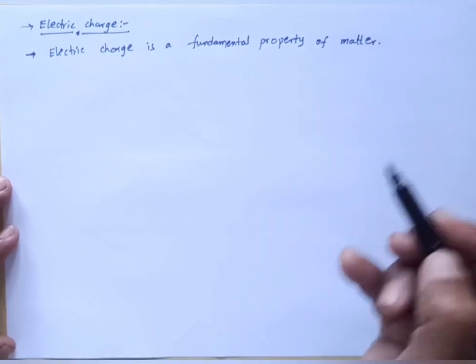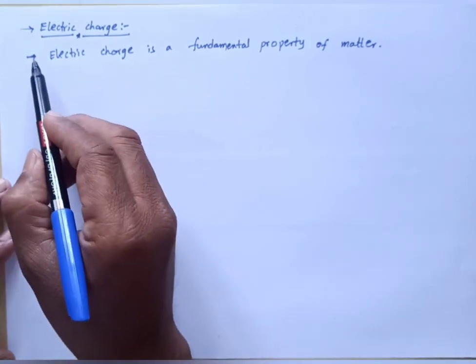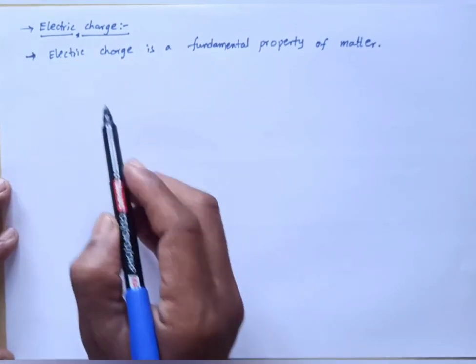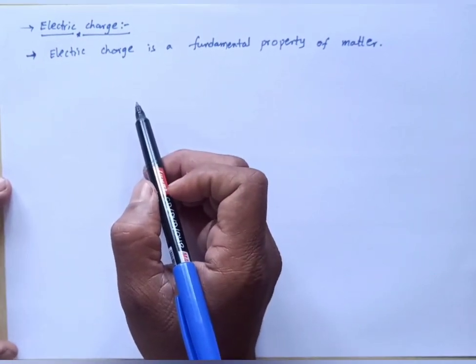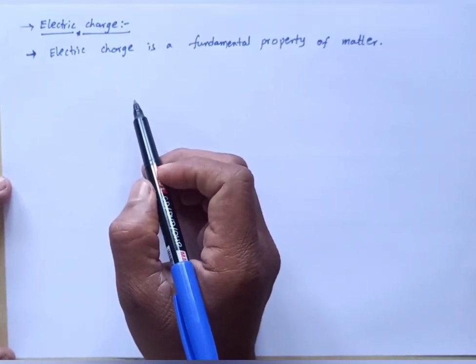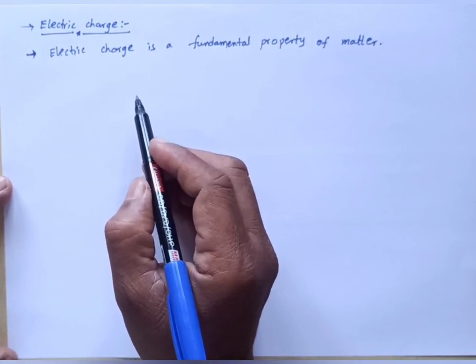Charge accumulated as positive charge and negative charge on a body is called the electric charge.